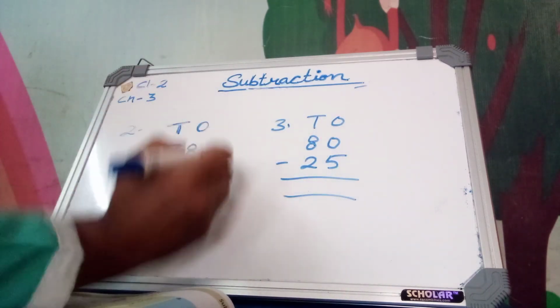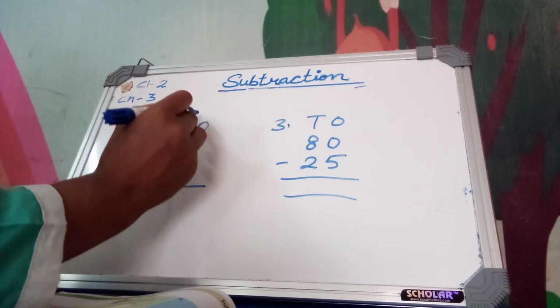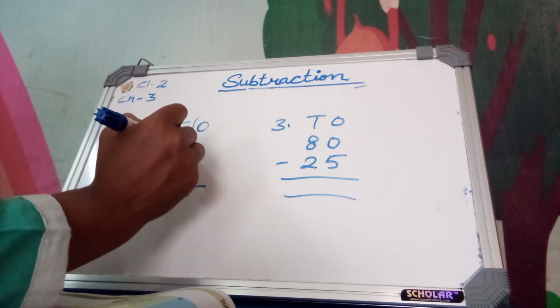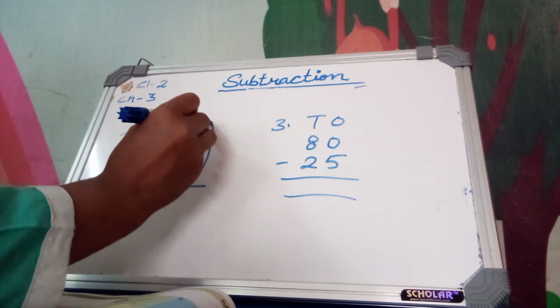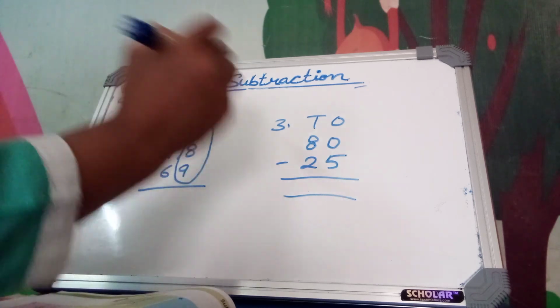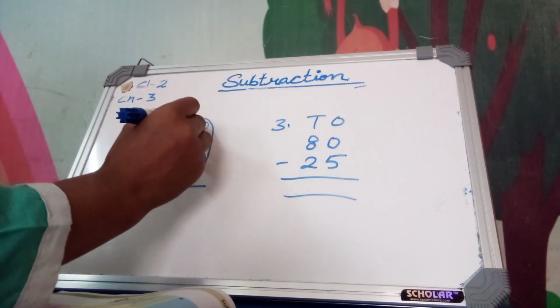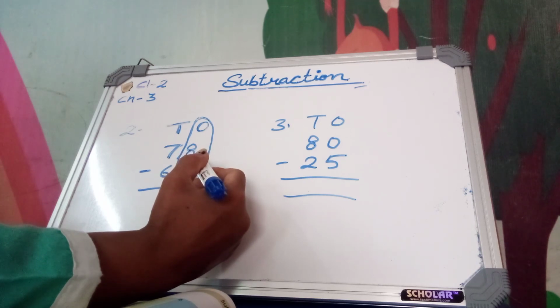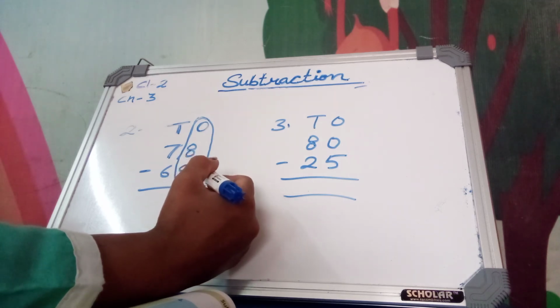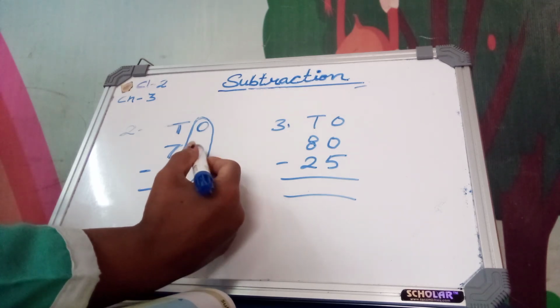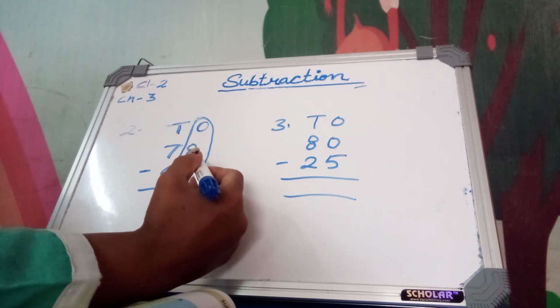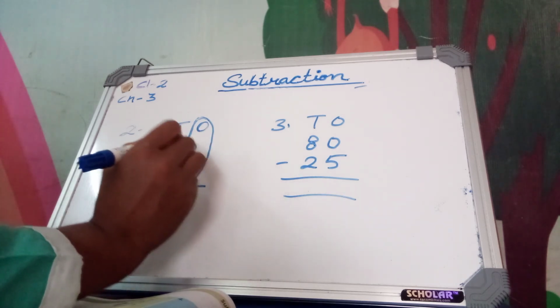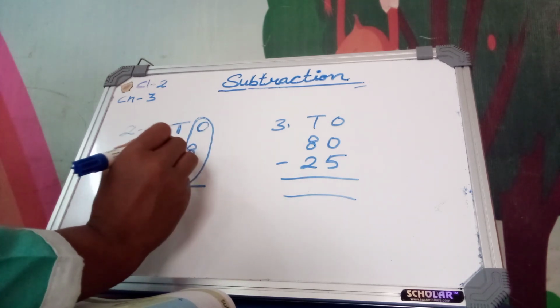Now look here. Firstly we have to do this. 9 subtracted from 8. We cannot do this because 9 is bigger than 8. We will borrow 1 tens from 7.